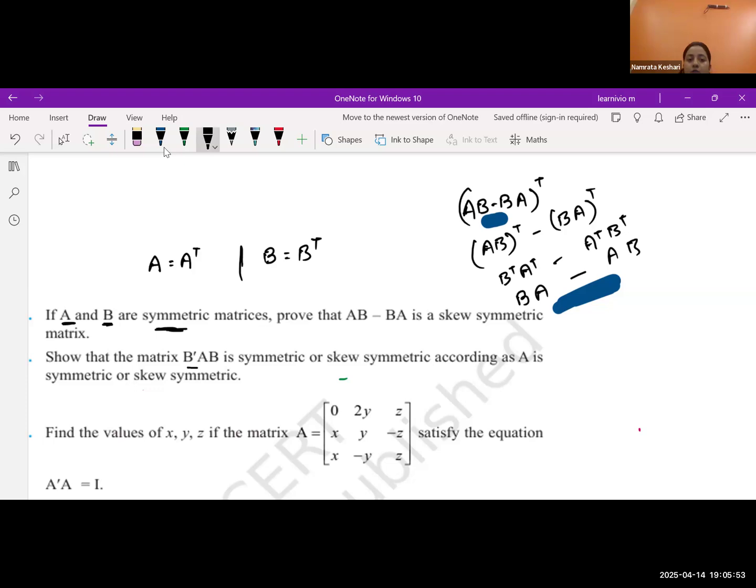So basically, we are supposed to show whether this one is symmetric or skew symmetric.